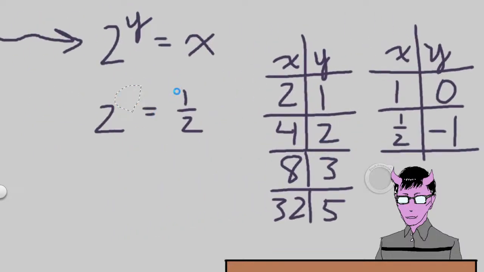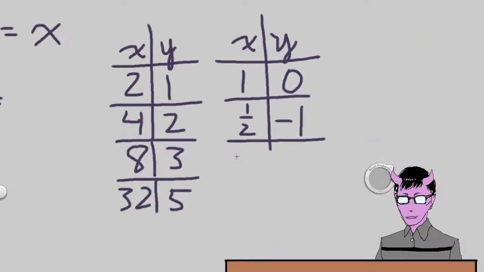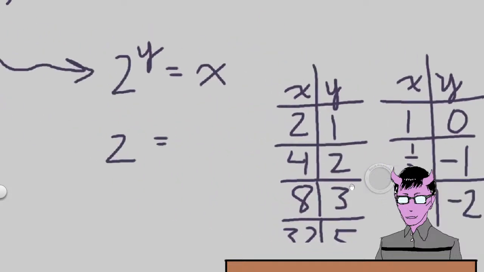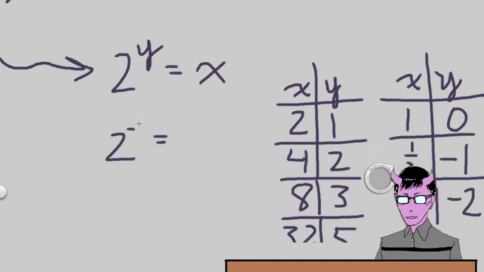And then we could keep doing this. I'm going to do this with a few more numbers. So if this is -2, then x is 1/4. And I'll pick something more extreme like -5, then x value is 1/32.